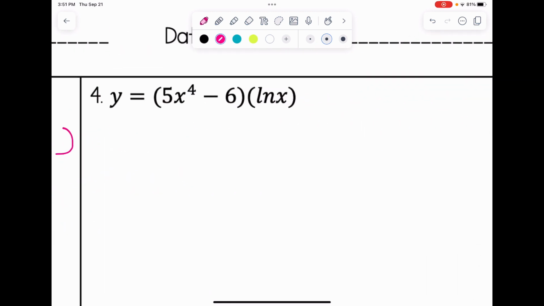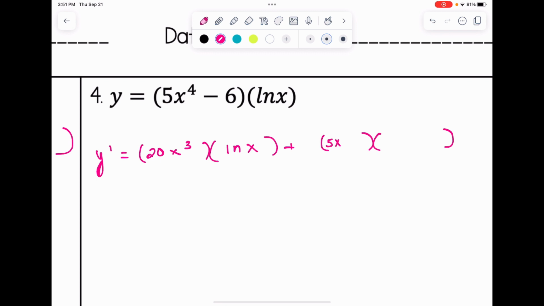Number 4, we're taking the derivative of 5x to the 4th minus 6 times the ln of x. All right, derivative of the first using power rule is 20x cubed. Remember, the derivative of negative 6 is 0 times ln of x, plus 5x to the 4th minus 6 times 1 over x.